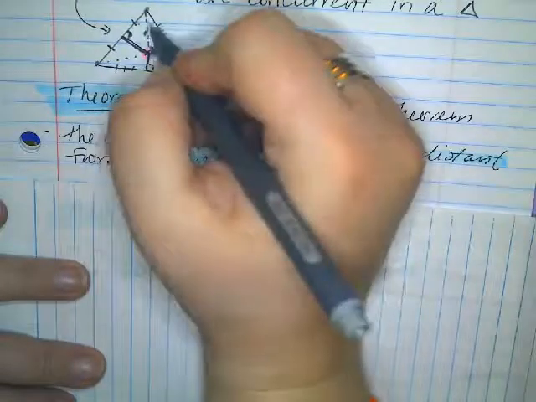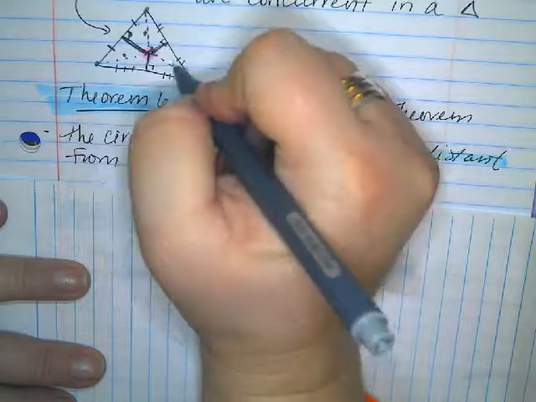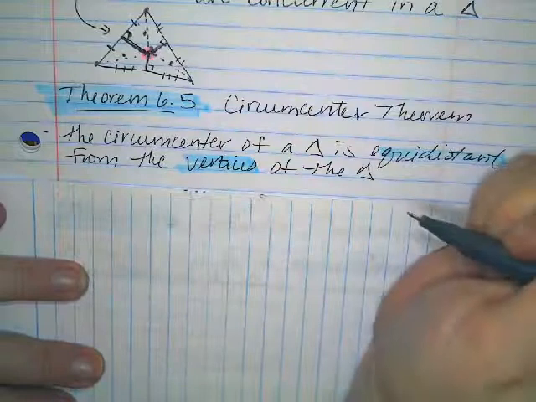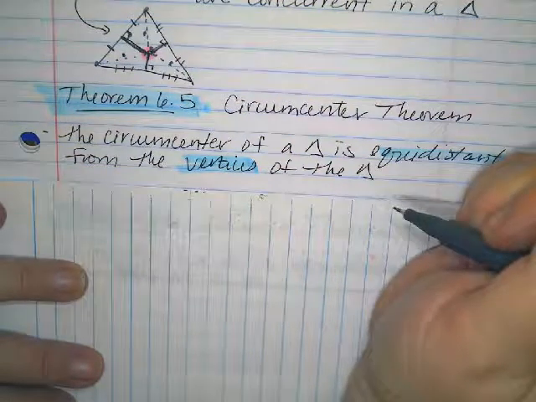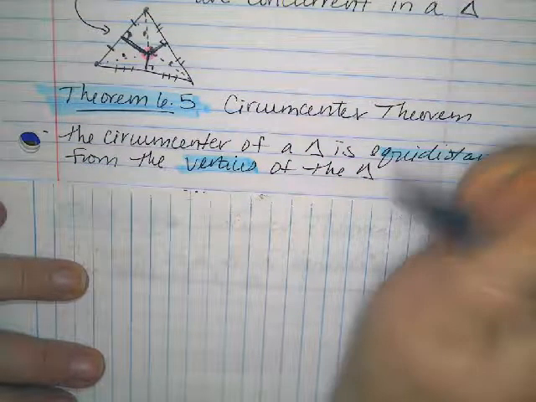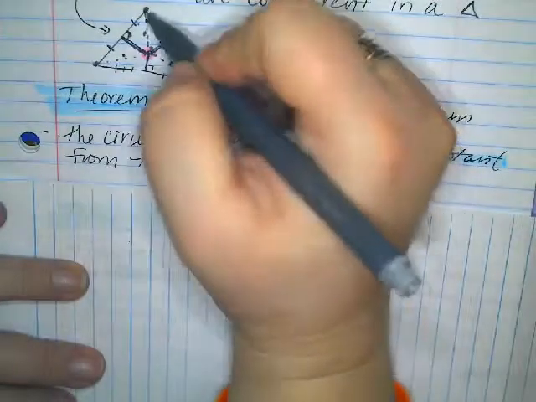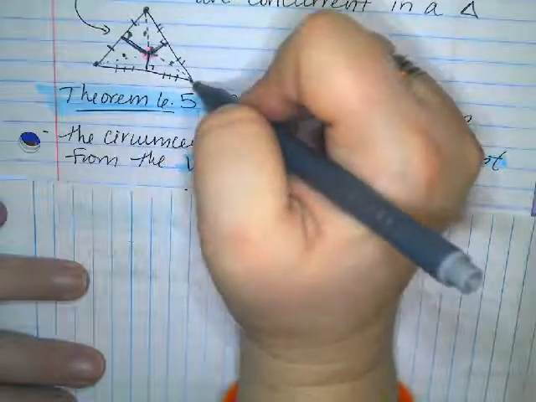This distance right here is going to be the same as all of these. That's what the circumcenter theorem tells us: if we have a circumcenter, we can look from each of the vertices and know that from the circumcenter, all of these are going to be the same.